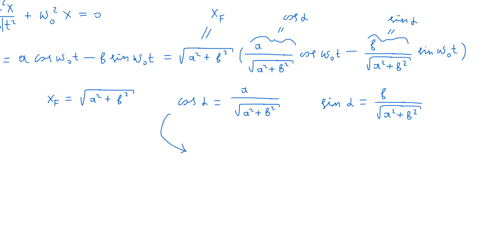So tangent alpha, as you know from algebra, is equal to sine alpha divided by cosine alpha, and it will be b divided by a.